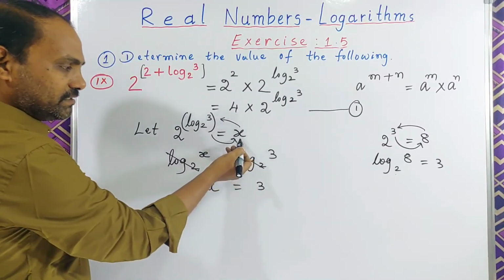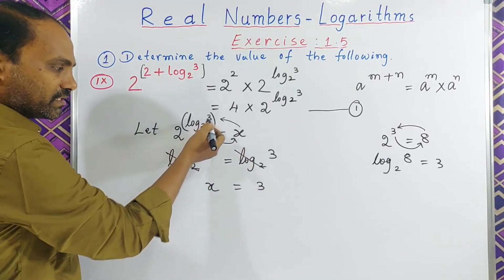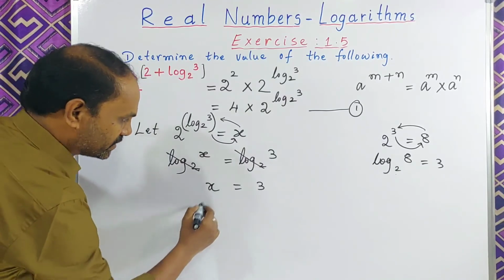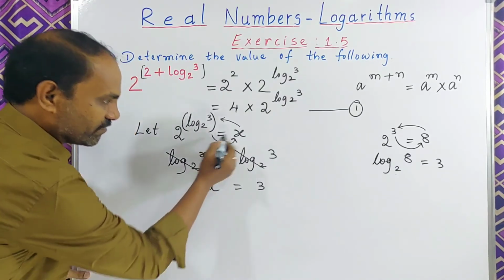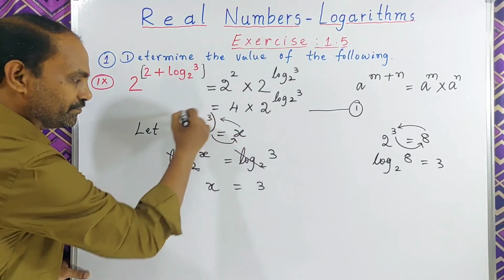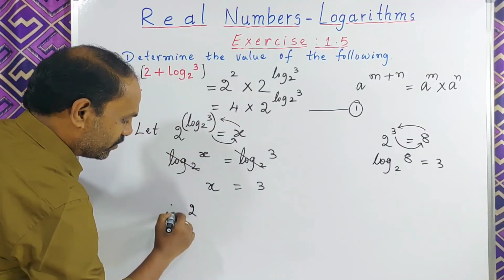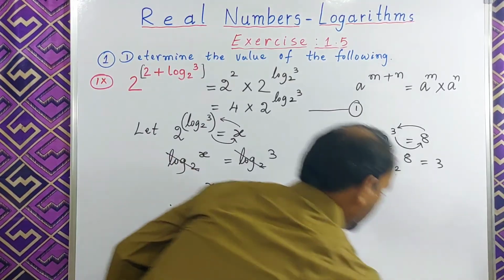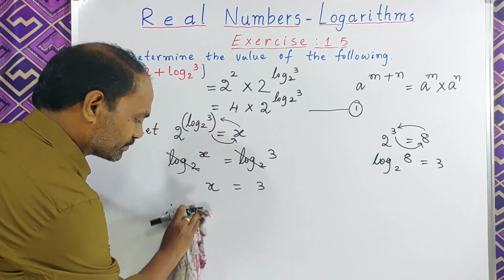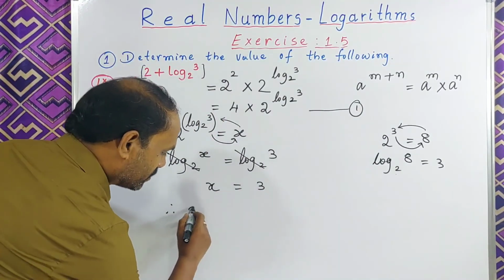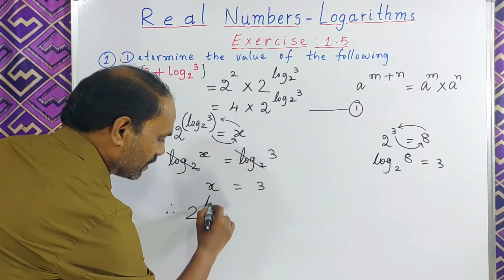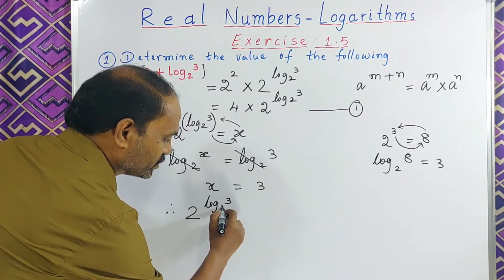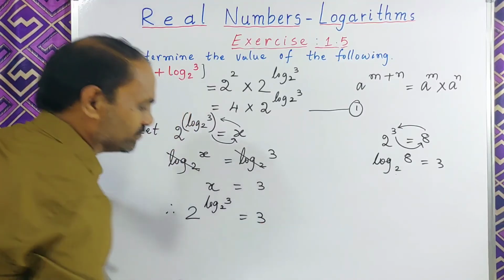What is x? X means 2 power log 3 to the base 2. So what is the x value? This one. Therefore, I will write here, 2 power log 3 to the base 2 value is 3.